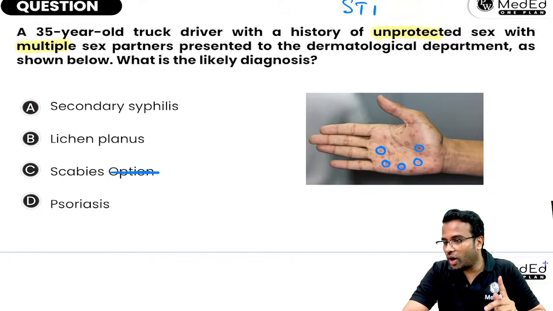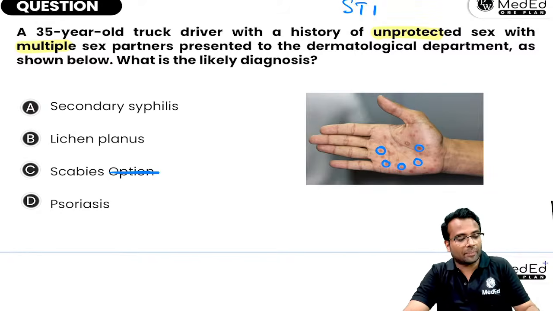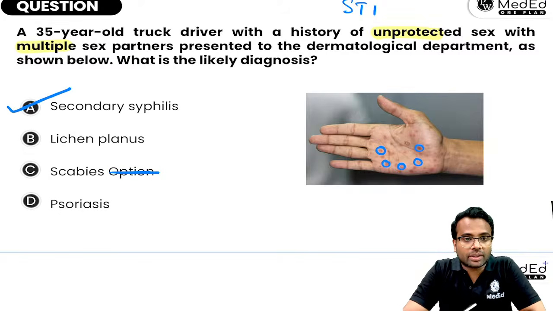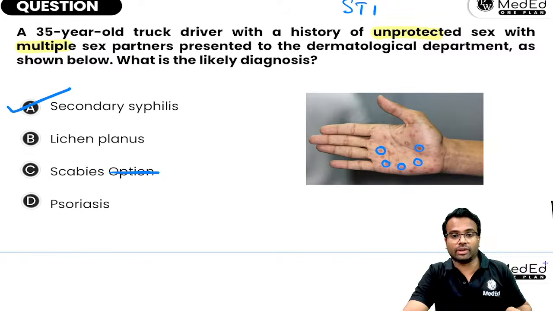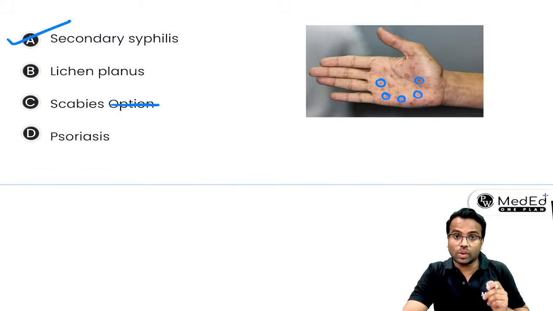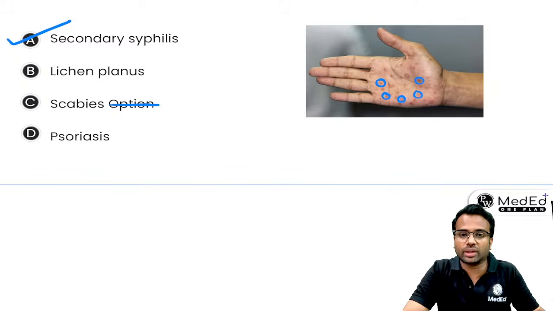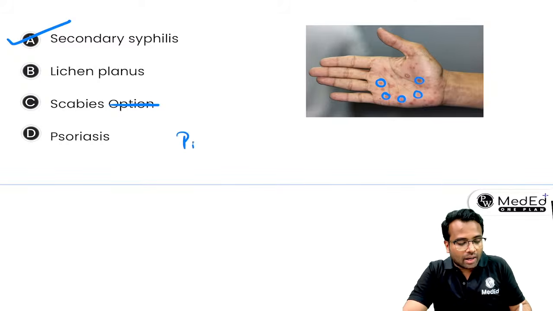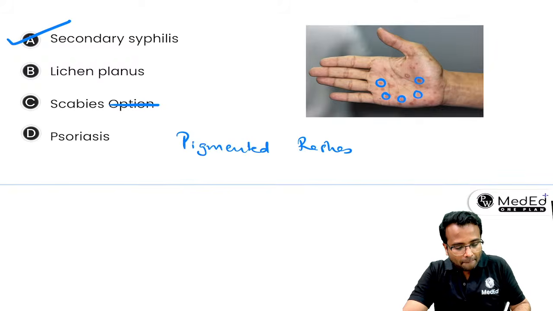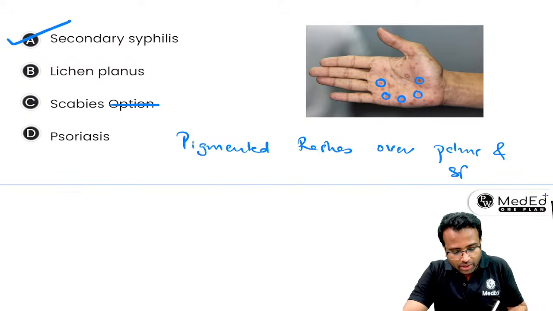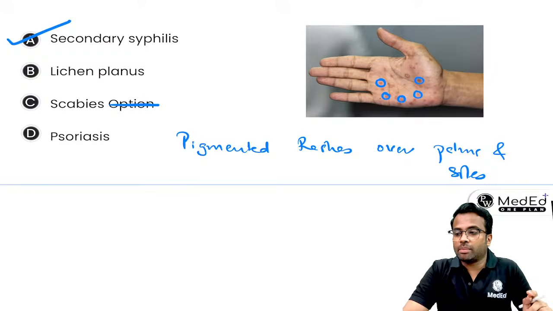So there is only one that is given here, right? Which is a sexually transmitted infection, and this should be secondary syphilis. And this image had come as a PYQ in the FMG exam. These are pigmented rashes over the palms and soles.